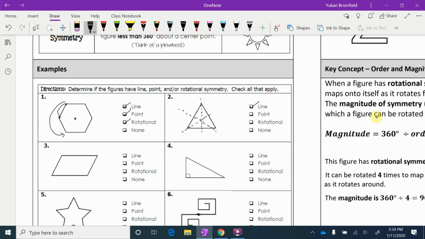So that means this point comes all the way down to here. It would look like this, and that certainly is not the same image as we had before, so it doesn't have a point symmetry.